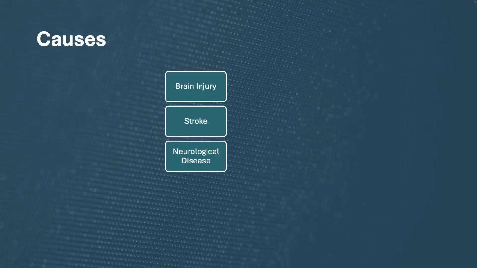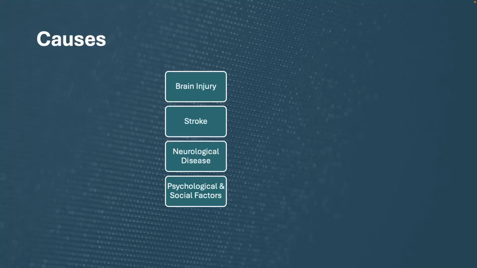Neurological diseases such as Alzheimer's disease might have a degenerative effect on memory, and additionally, encephalitis is another example of a condition that might cause this kind of amnesia. And then additionally, just like with retrograde amnesia, there may be social or psychological factors.